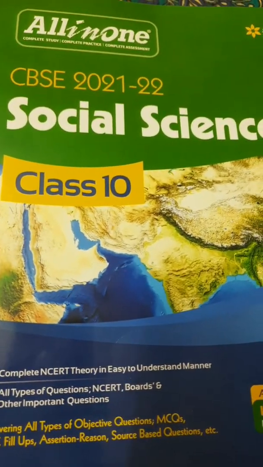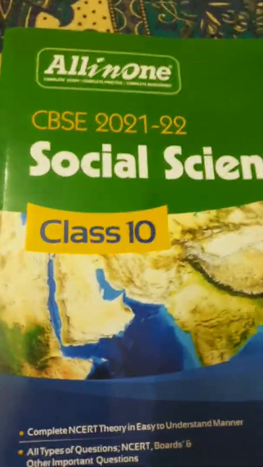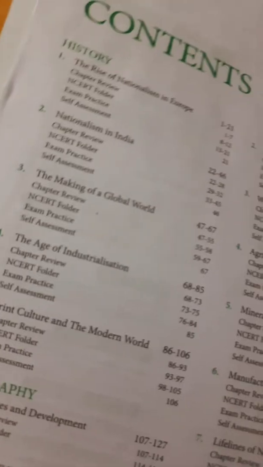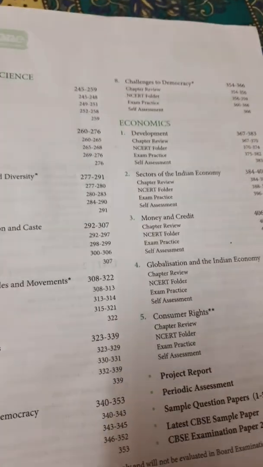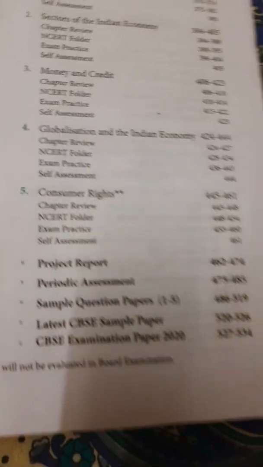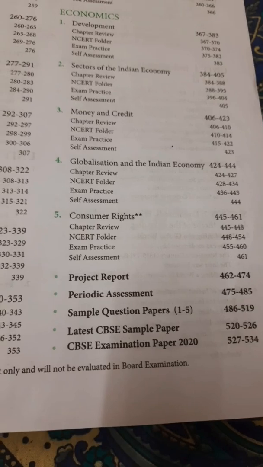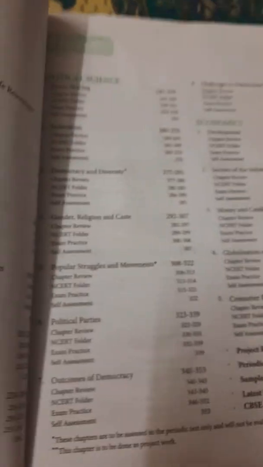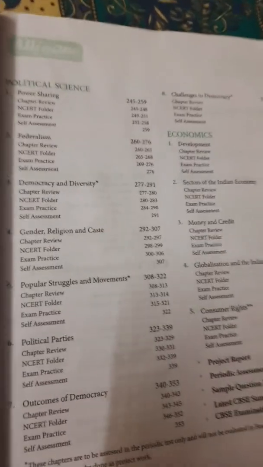I bought the old edition of Exam Idea, and even though it has a lot of questions, in one chapter it may have 100 questions, the summary is well explained in this book alone. It also has a project report, periodic assessment, and the CBSE examination paper 2020. So you can use this book for exams.